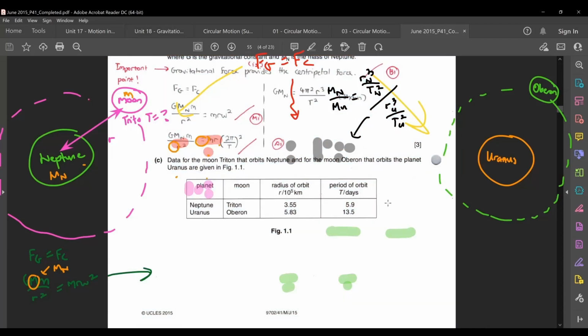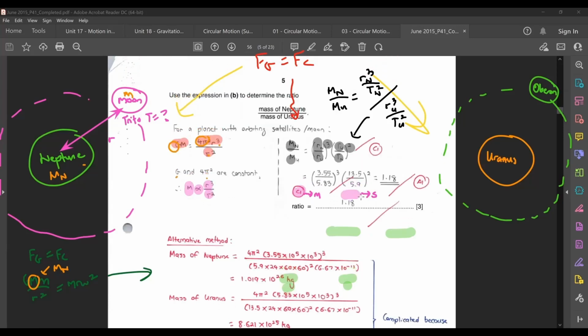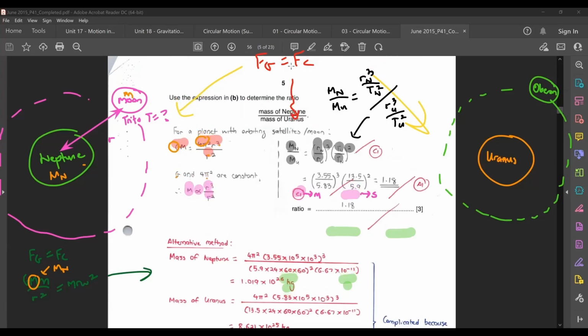Okay, now you may be thinking right now that this one is in kilometer, and this one is in days. Shouldn't you convert this to meter and shouldn't you convert this to second? Now, here you don't need to bother because you are taking those values as ratios. You are going to have the units cancelling each other off.